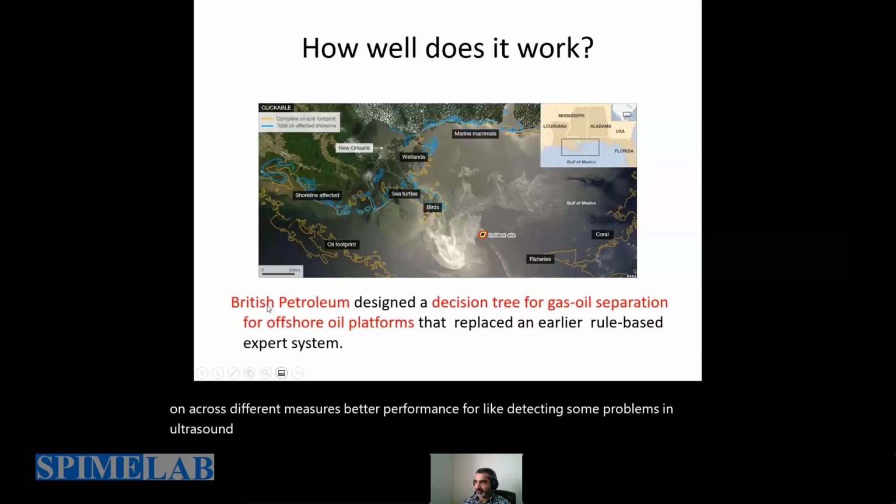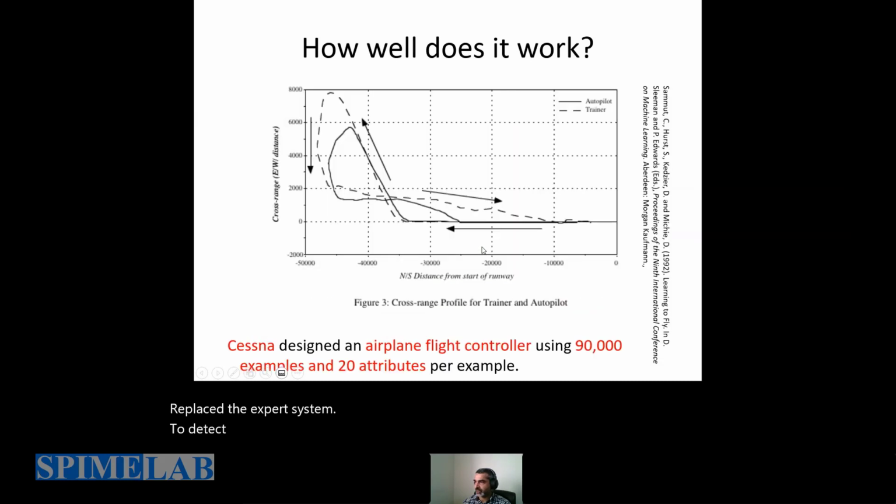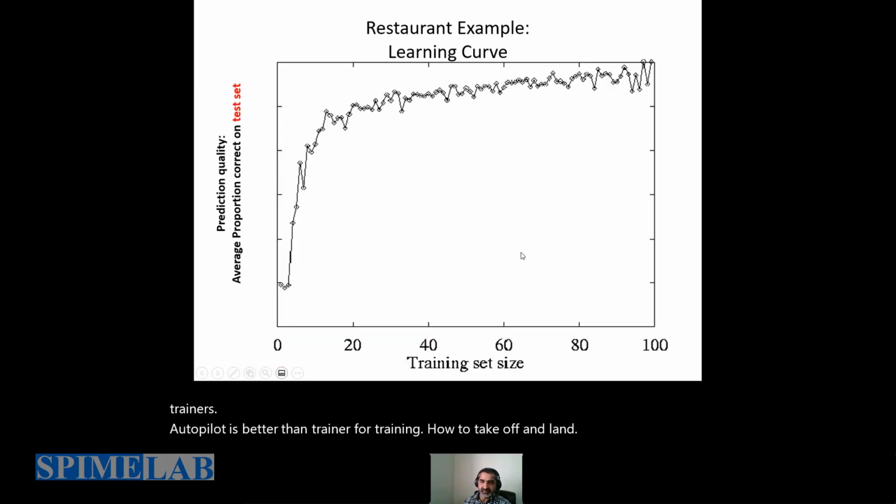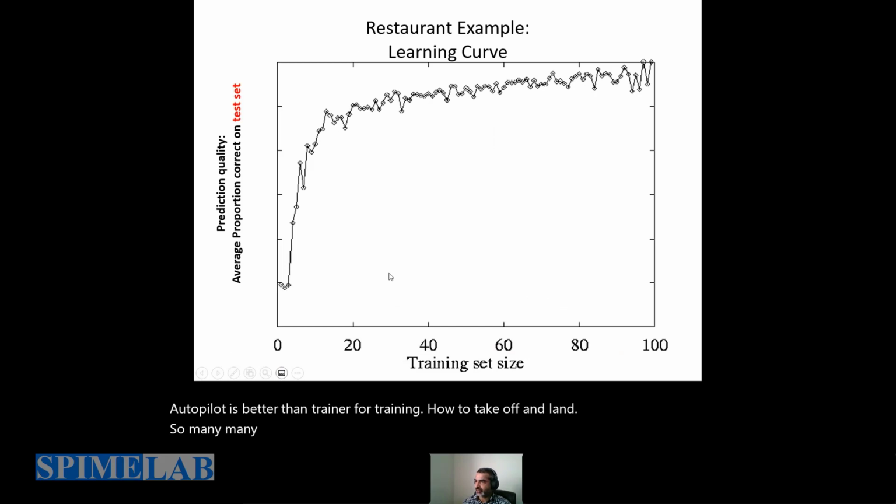And a famous study by British Petroleum used decision trees and replaced the expert system to separate oil and water. This study found decision trees do better than human trainers, like an autopilot being better than a trainer for teaching how to take off and land. So many interesting applications. I just quoted three.